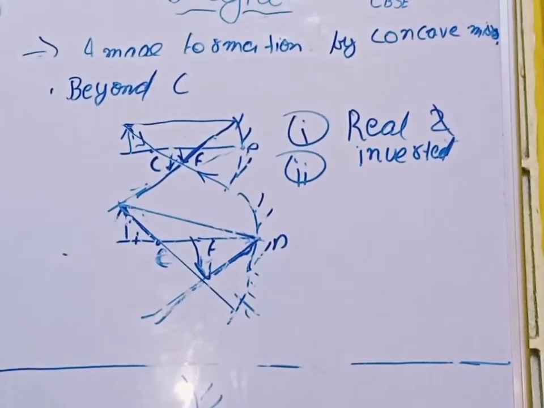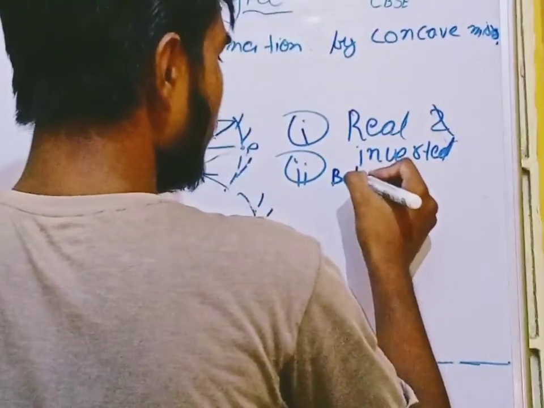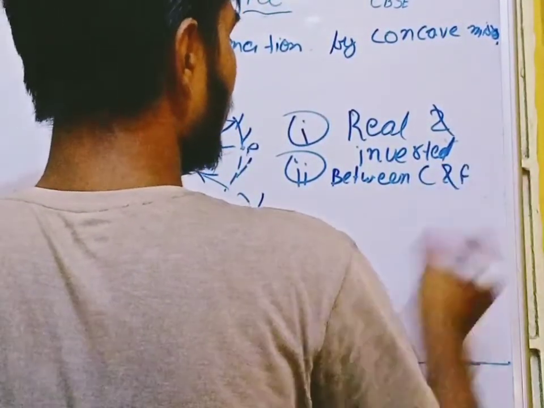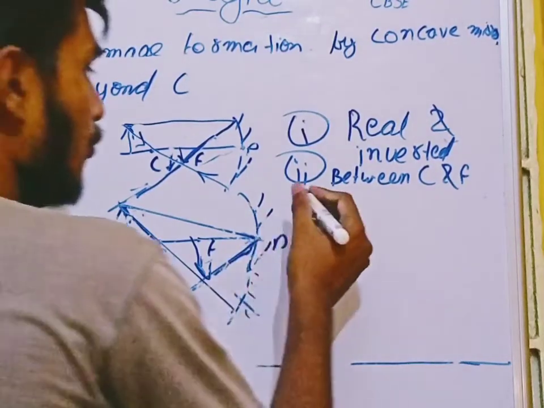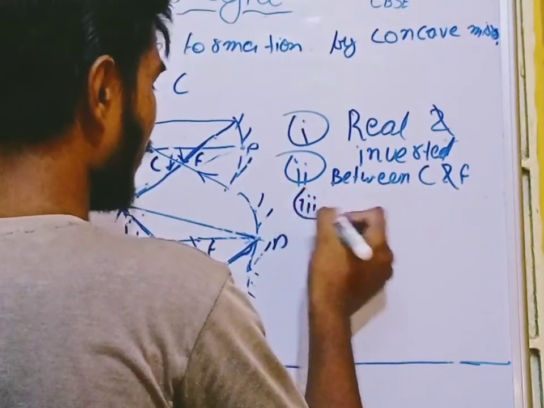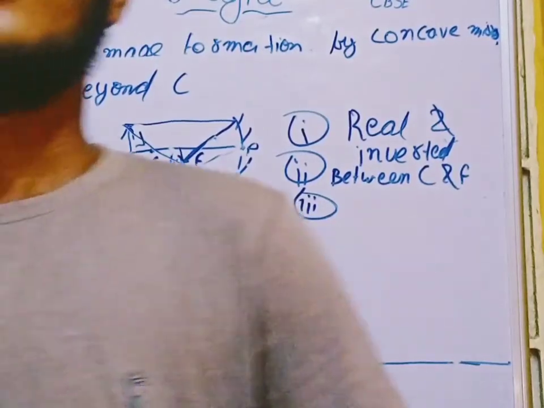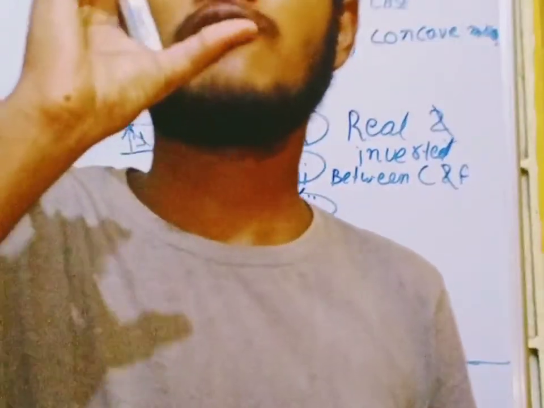Second, where it is going to be formed: between C and F. Okay, between C and F. Or third point, what we have read, size. So size.